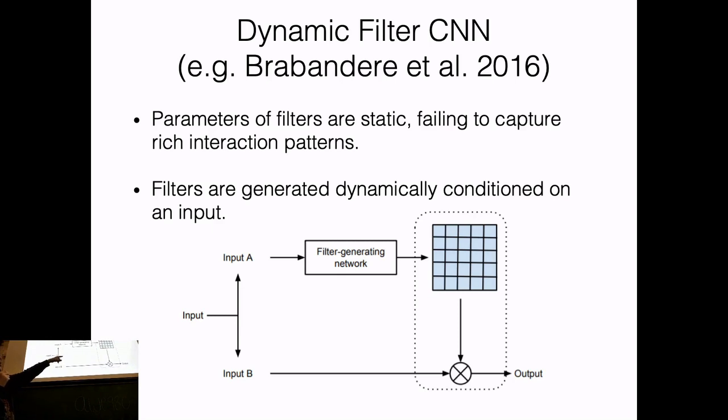Then we get the dynamic filter. After this, we could use the filter to convolve with the input B. The input B is also a transformation of the input A. So it's a very interesting idea, and the basic secret of this work is they think the parameters of the filter could be sample dependent instead of static.